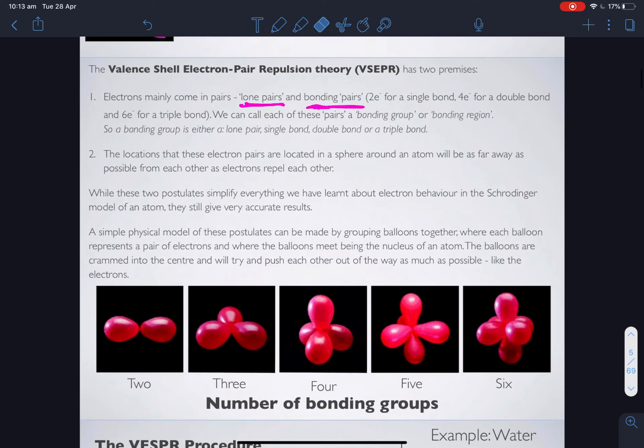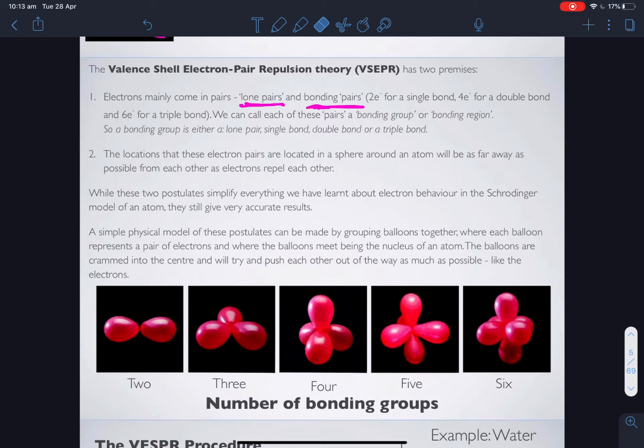So a simple physical model that shows these postulates is a grouping of balloons together. I try to do this in the classroom, but here we'll do it in video, and I found this nice image online. So the more and more balloons that are crammed around a central point, they push away at each other equally.